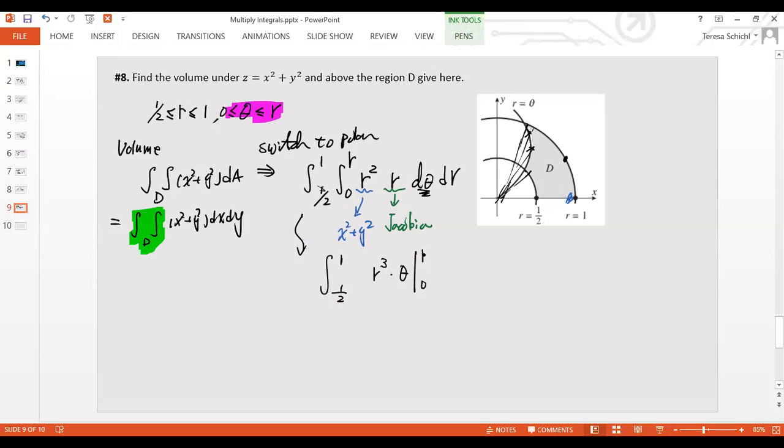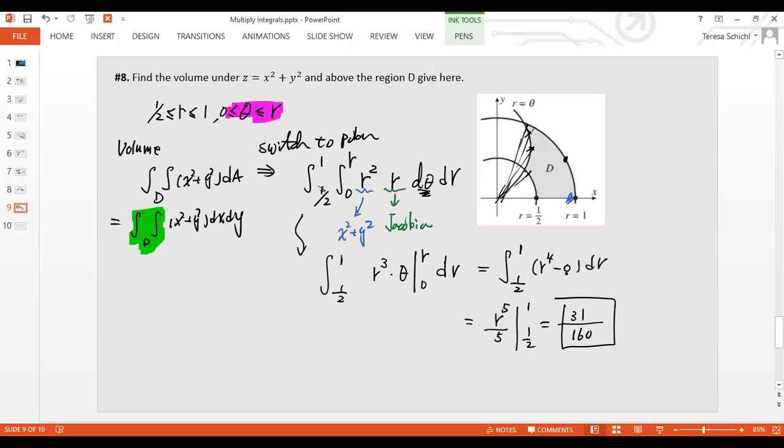Then you have the 0 to the upper limit and dr. And then see here how easy this integration is. It's 1/2 to 1, so this is r to the 4th minus 0 dr. And so you will get r to the 5th over 5 from 1/2 to 1, and then something will be 31 over 160. Okay, so that's it.